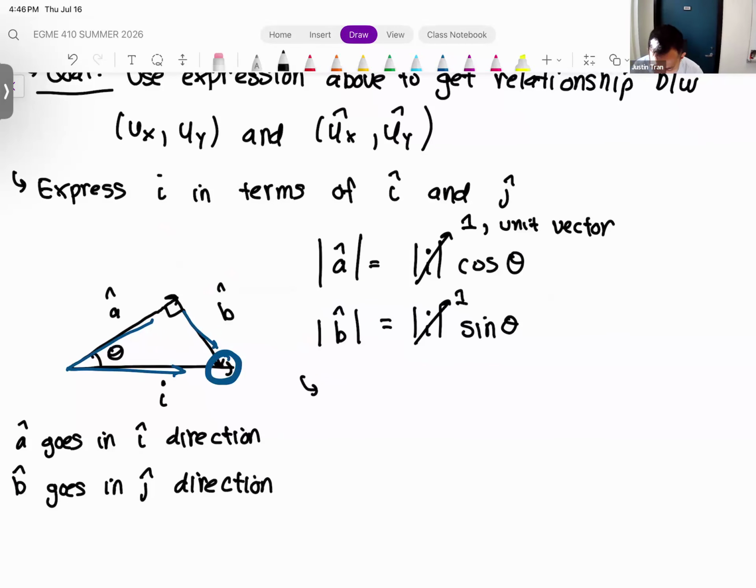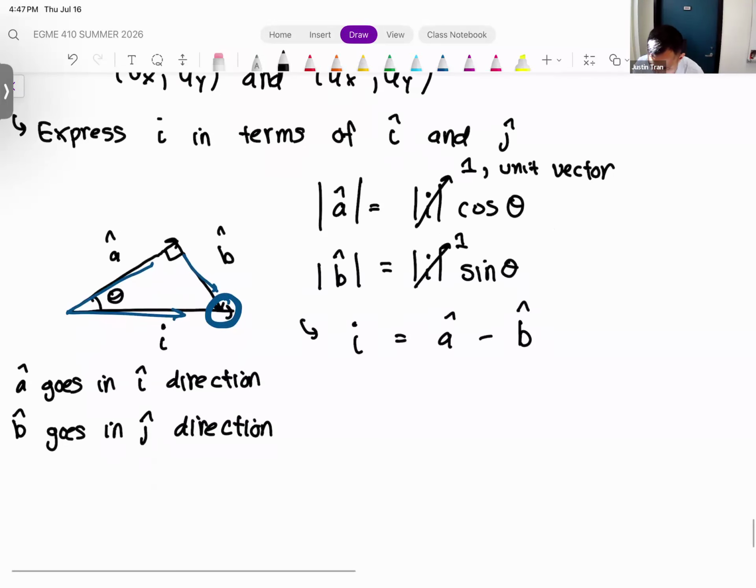Okay, so in other words, the vector I is equal to A hat, not the magnitude, just the vector itself. I is equal to A hat minus B hat. We put that minus sign there just because we're going in the negative J hat direction. And so we know exactly what the A hat and B hat vectors are. Let's plug in the magnitudes for that.